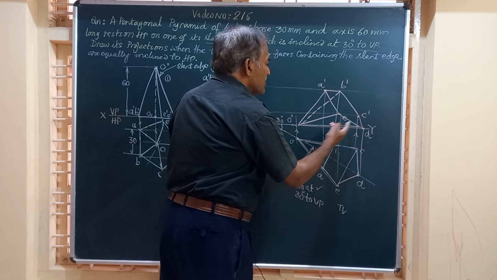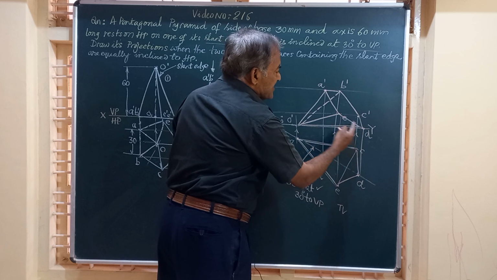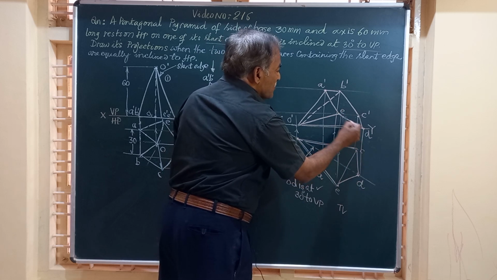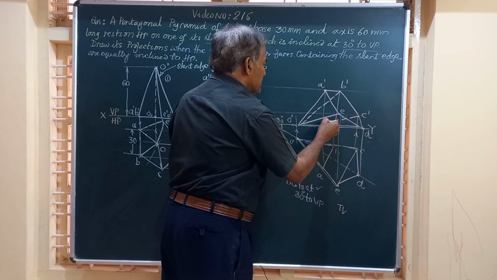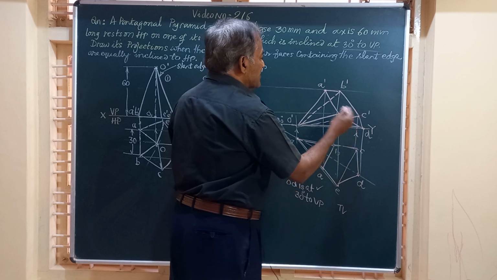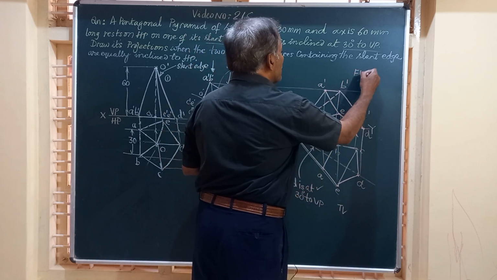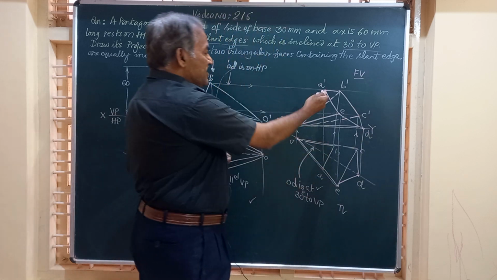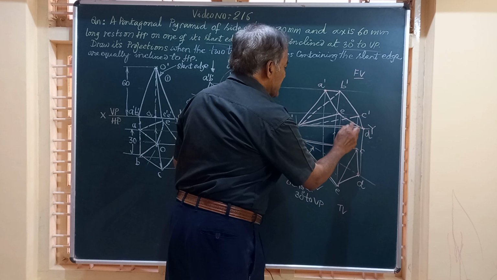Similarly, when you are joining C to O dash, it is intersecting this line ED, and hence I am going to show this line O dash C dash by a dotted line. Friends, this is how the object looks in the front view completely, and these two figures will give you the complete projections of the solid.